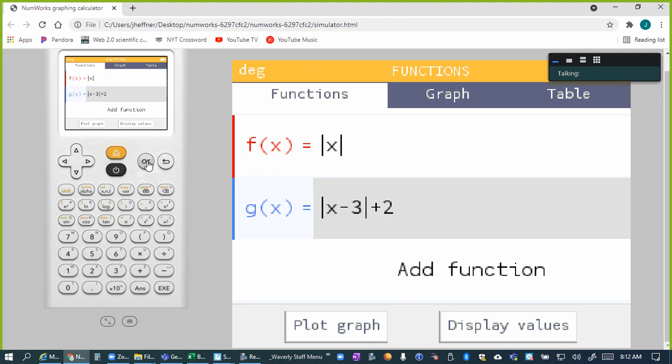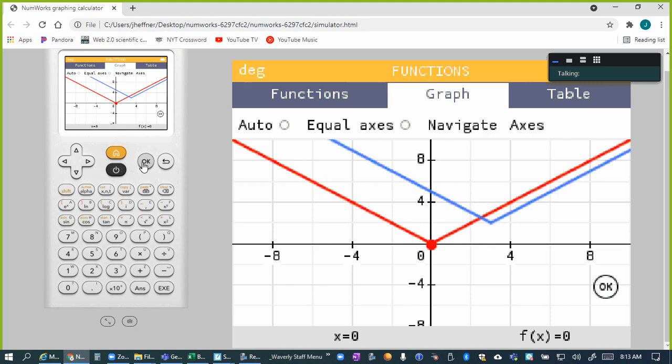Now, we predicted it shifted it up 2, but let's see what that minus 3 does. Well, it went up 2, but what happened? What did the minus 3 do to it? It shifted it to the right 3, didn't it?